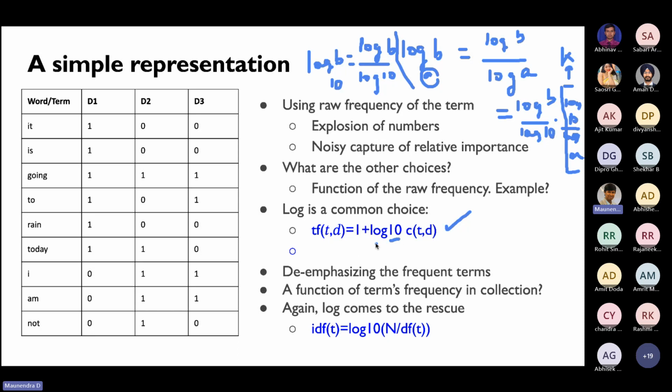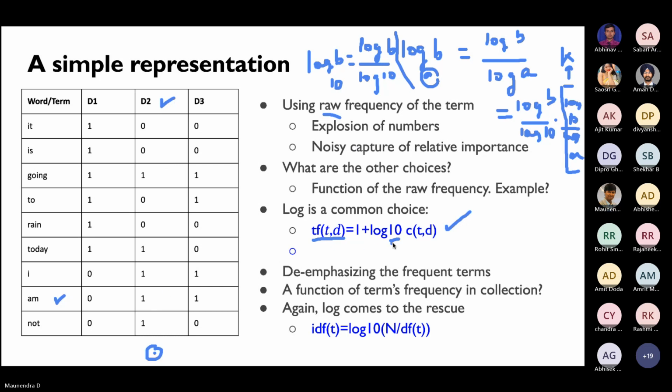So they said, okay, let us fix that. And the final function that we want to use becomes this one. TF stands for term frequency, but it's not the raw frequency. It is some function of the raw frequency. It takes two arguments: one is the term, and the second one is the document. So how many times this term appears in this document?